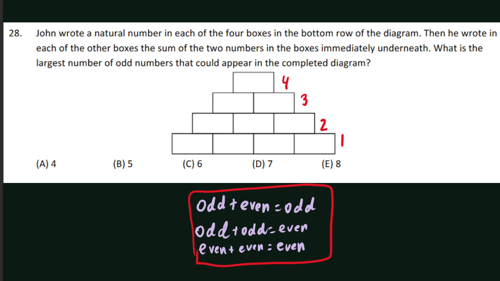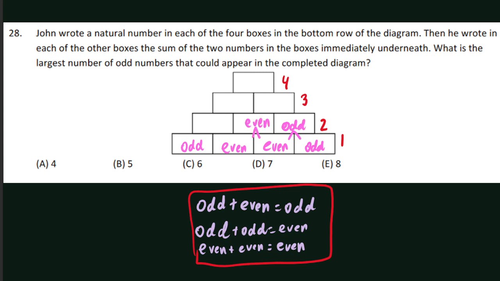Another possibility is to do this. This is because it does get odd numbers into row 3. This is because when you add an even and odd, you get odd. When you add even and even, you get even.